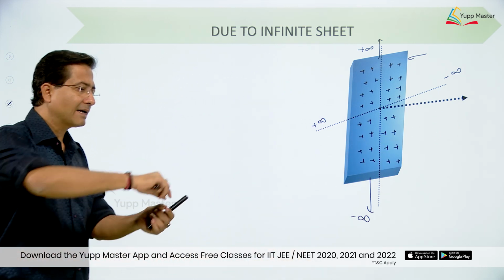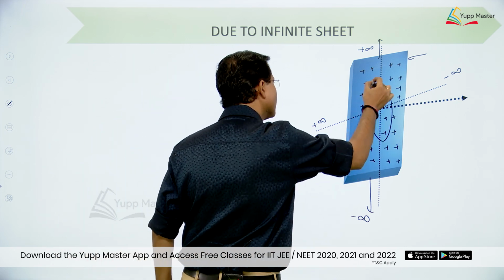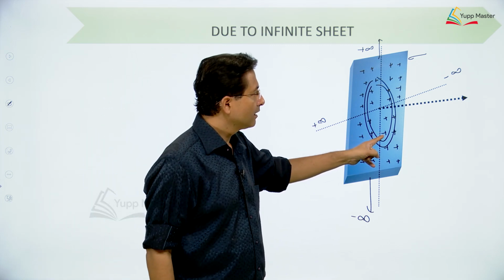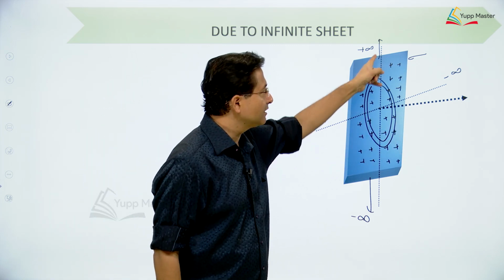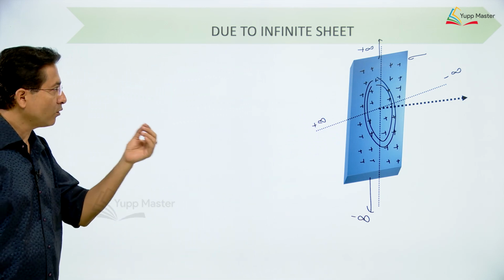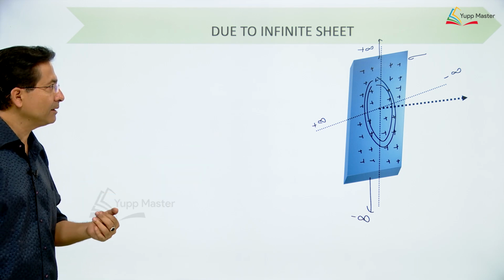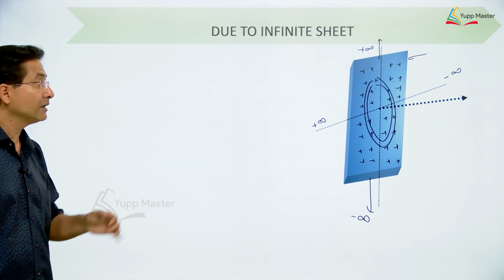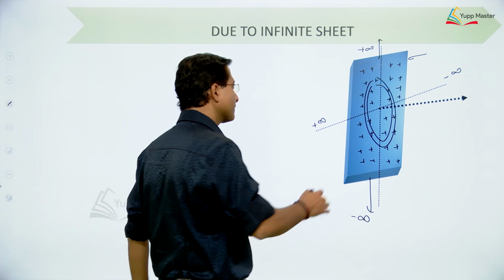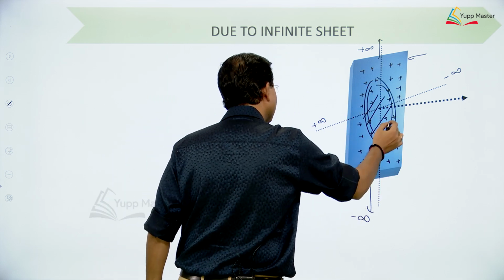Or else I can take the ring, because for a ring I know the result and I need to just integrate from 0 to infinity. So on the surface I will take the ring, and in the limit I can go from 0 to infinity, or I have already considered the field produced by the whole disc.